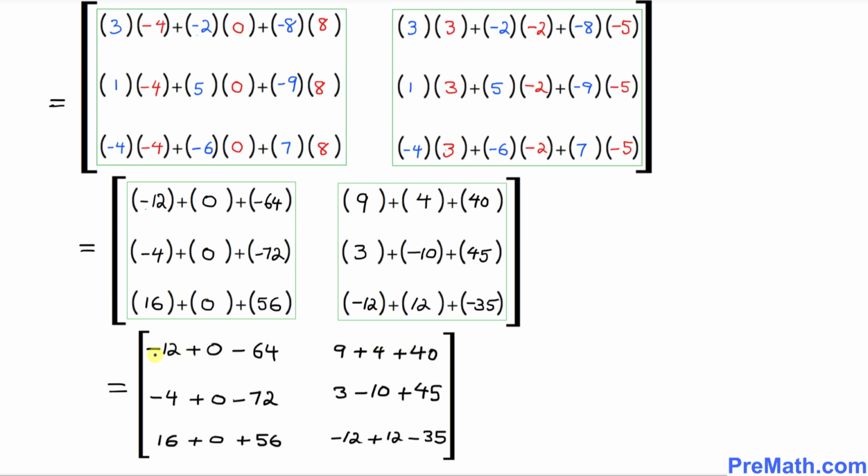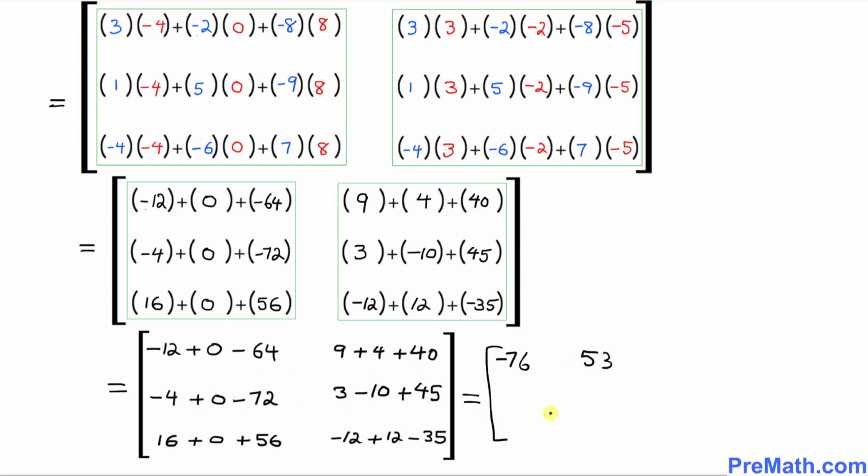The next thing is I am simply going to add and subtract these numbers. So let's write down these numbers right here. Negative 12 plus 0 minus 64 is going to give you negative 76. Obviously, the next one is going to give you 53.